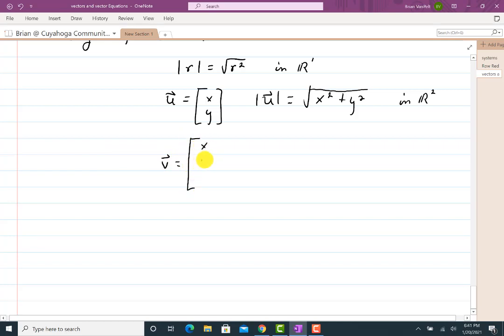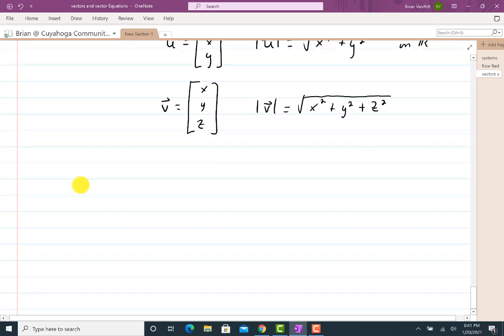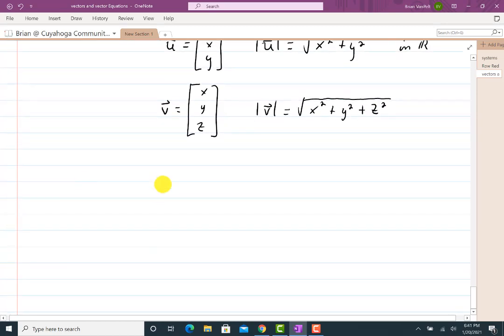Suppose v is (x, y, z). Then the length of v is the square root of x squared plus y squared plus z squared. And as you might imagine, this is in R3.